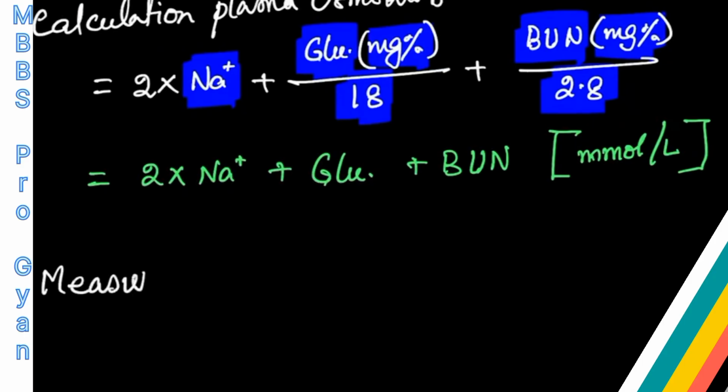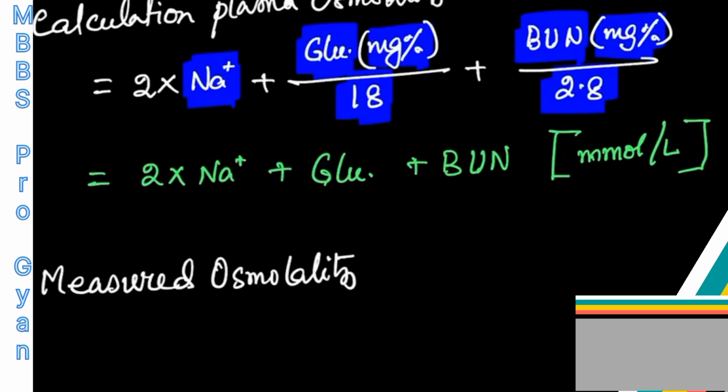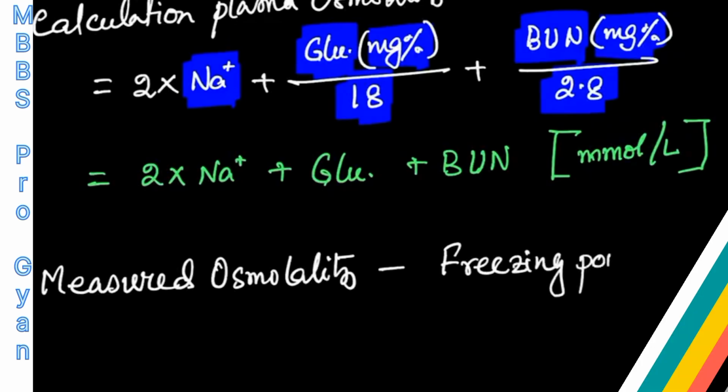That way, if you measure the osmolality of the plasma by some laboratory technique, you send the sample of the patient to the lab, and the lab will use a technique known as freezing point depression.